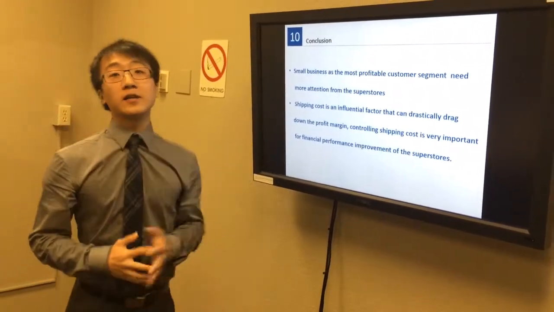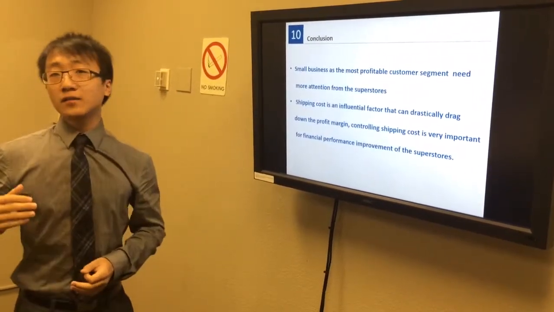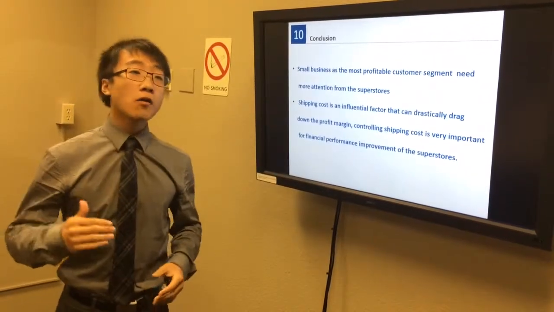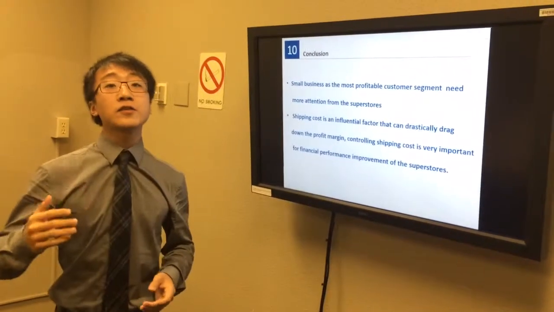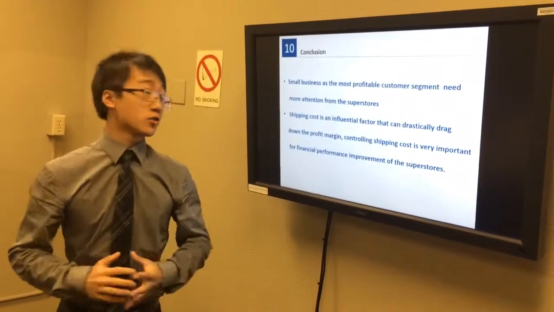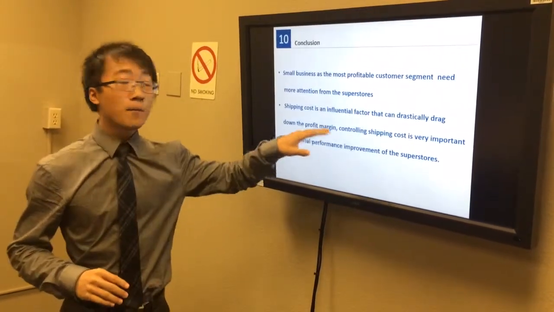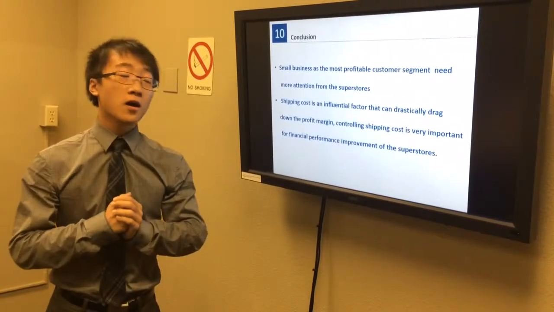Secondly, shipping cost is very critical in this case. So our further research will be how we can manage our shipping cost and lower it while increasing our margin. By controlling shipping costs, we can improve our financial performance.